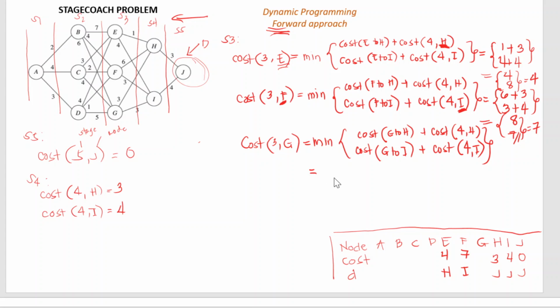So let's put it here. Cost of G to H is 6. Oh, it's not 6, sorry.